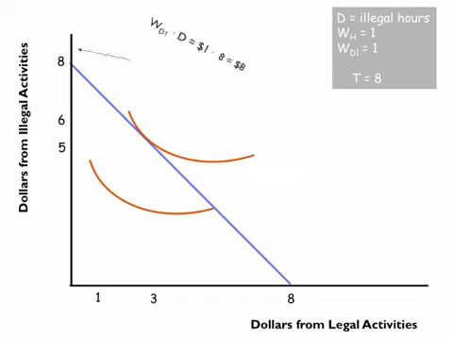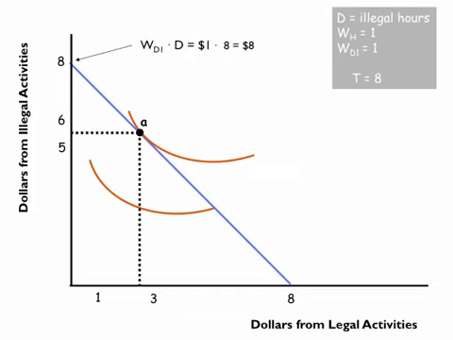His initial happiness is right there, where he is tangent to the indifference line. To find out how many hours he spends on illegal activities, you simply divide the amount of dollars that he makes by the wage, and that's 5.5 divided by 1, which is 5.5.